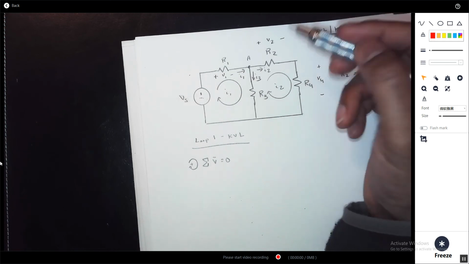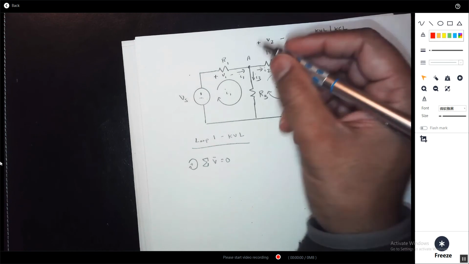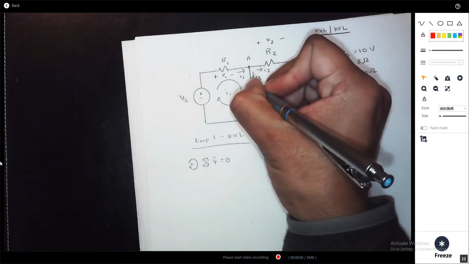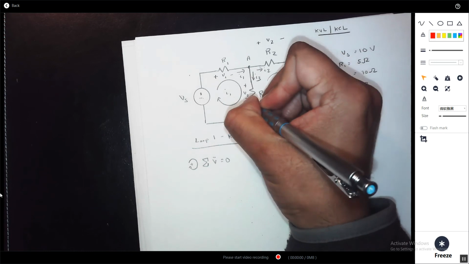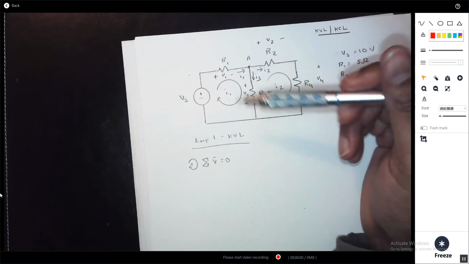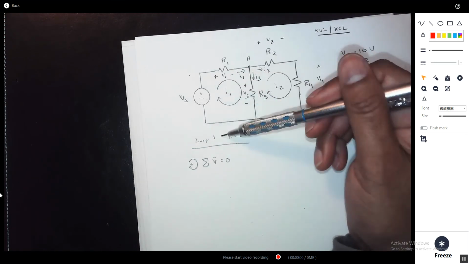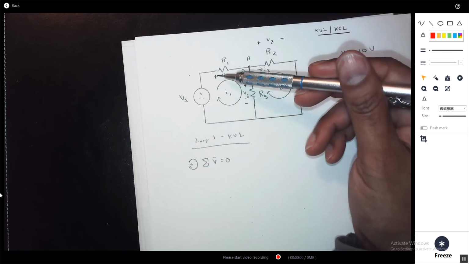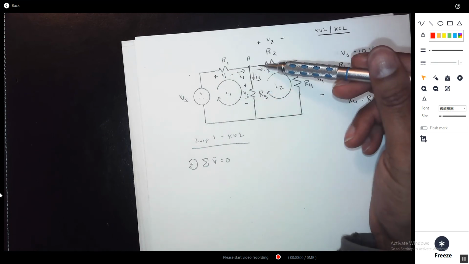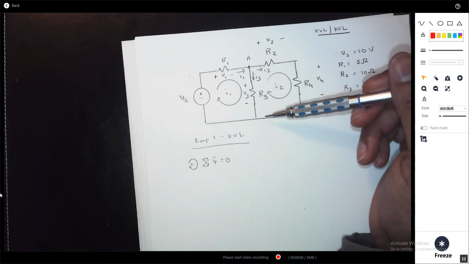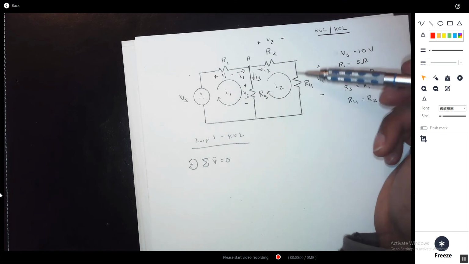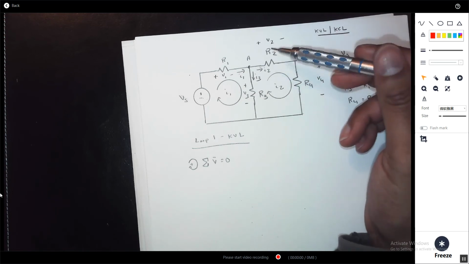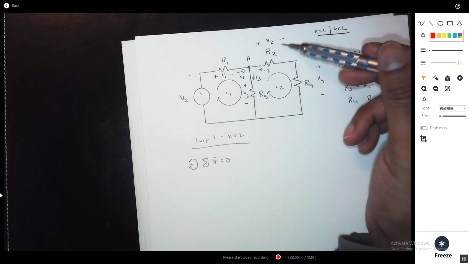Now, in this node here, I3 is going to drop here. The dominating current in this area here is I1. So it determines the polarity over R1. The dominating current in this little part here is I2. So it will determine the drop of R2 and R4.